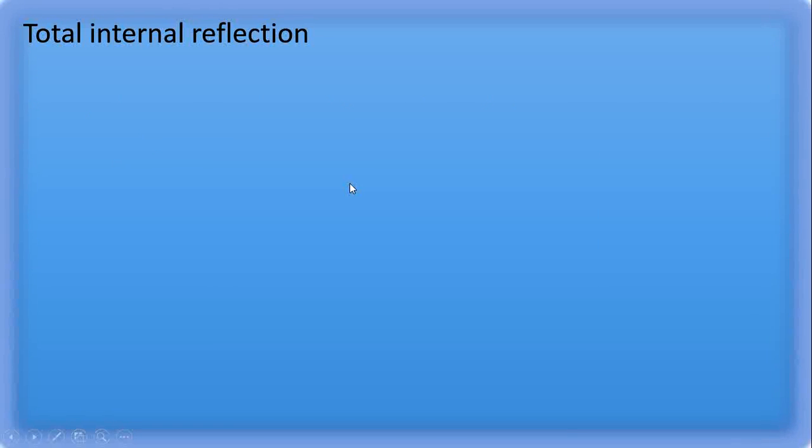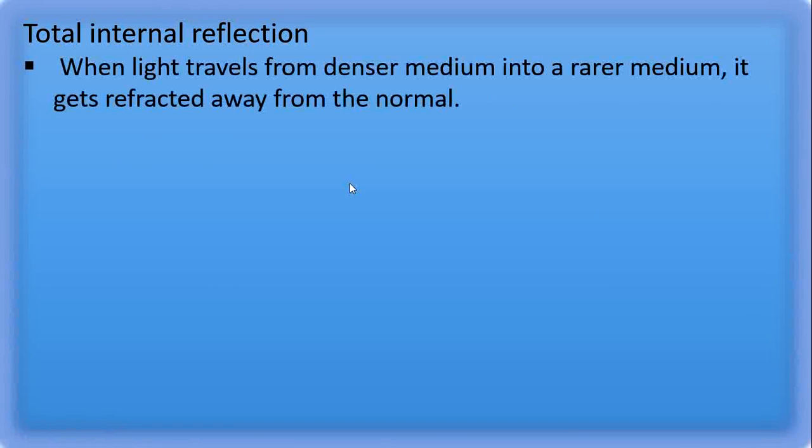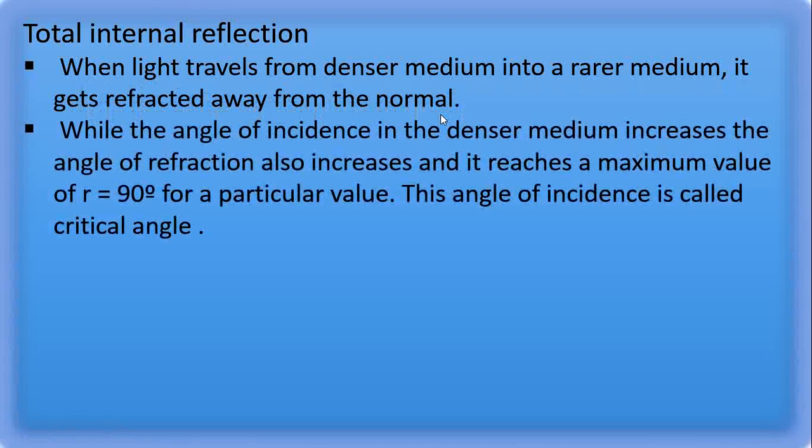Total internal reflection. What is total internal reflection? When a light ray travels from a denser medium to a rarer medium, it gets refracted away from the normal. So as the angle of incidence in the denser medium increases, the angle of refraction also increases.